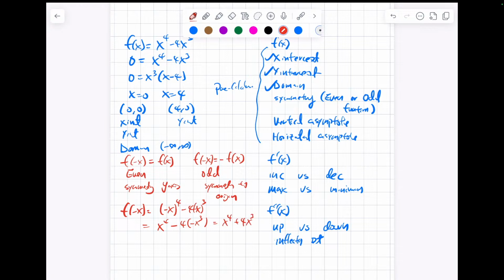If you realize, it's not the opposite of the original function and it's not exactly the same as the original function, so it's neither odd nor even. So obviously no symmetry. No symmetry is fine, no big deal. 99.99% of functions have no symmetry.